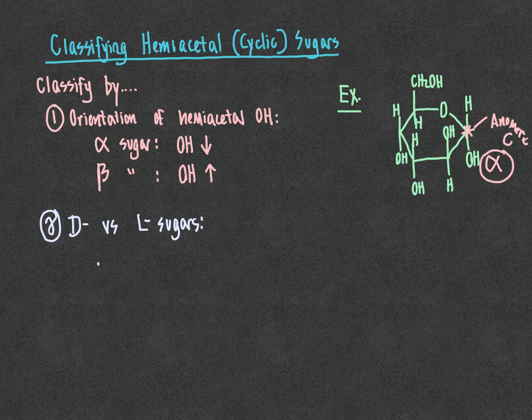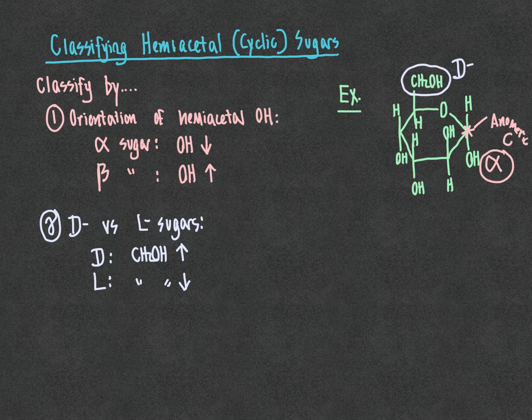The sugar will be a D sugar if the CH2OH group is oriented upward above the carbon that it's bonded to. It'll be an L sugar if the CH2OH group is below the carbon that it's bonded to in the Haworth projection. Looking at the right, our CH2OH group is going up above the carbon that it's bonded to, and therefore we would describe this as a D sugar.